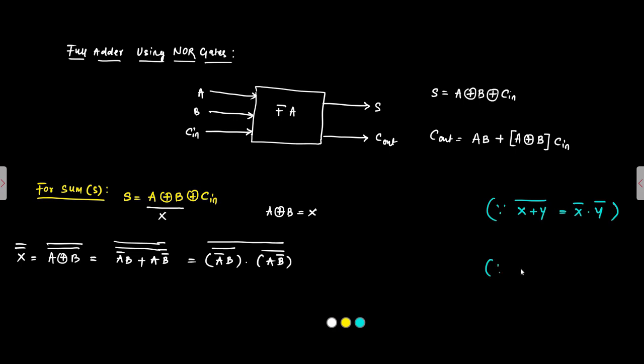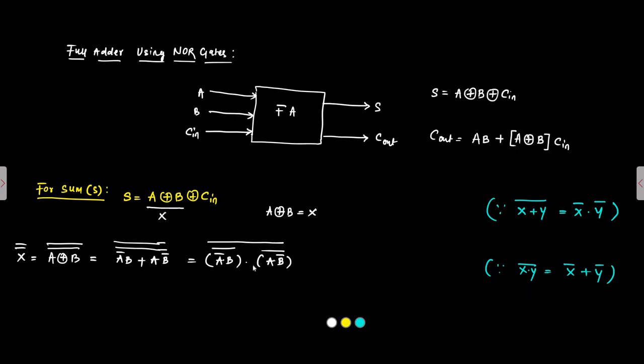Now another De Morgan's theorem: X and Y whole complement is X complement or Y complement, that we can apply to these two inner complements, and the entire complement, which is in the form of AND.